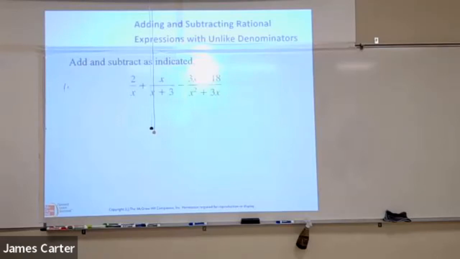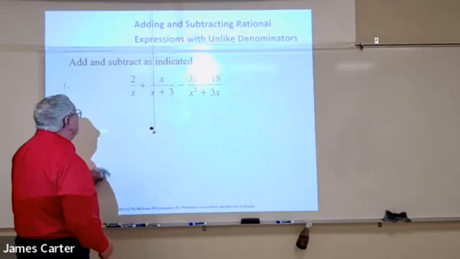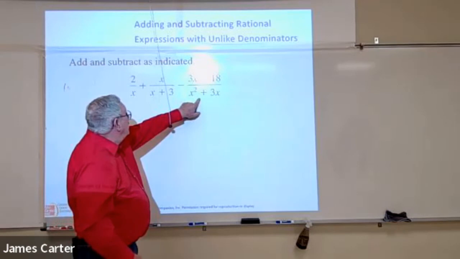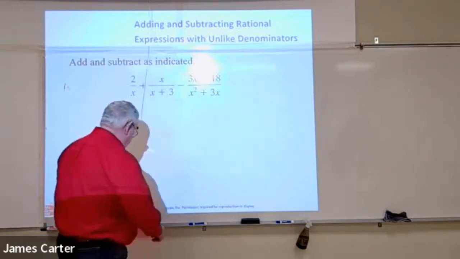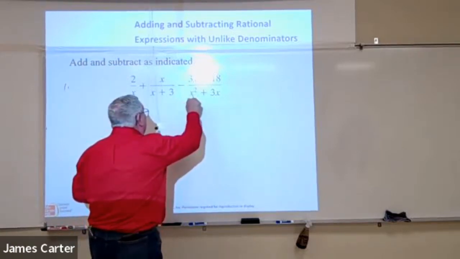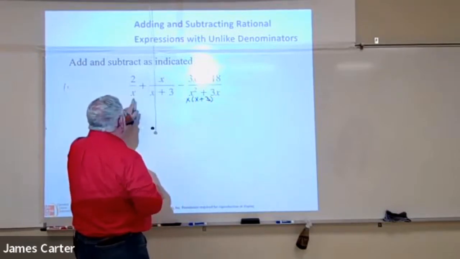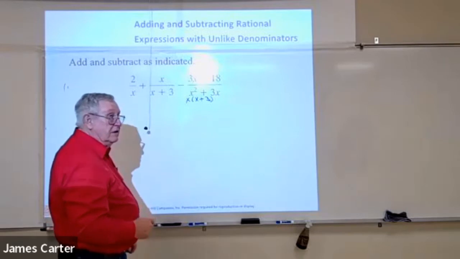Now we got adds and subtracts. They just keep getting nastier. Well, let's deal with this one. X plus 3, and this is going to factor into x times x plus 3. Okay, so between all 3 of these, I got the same stuff.